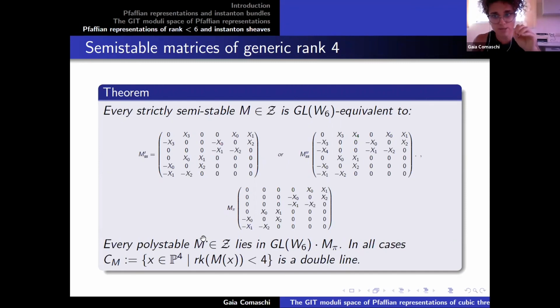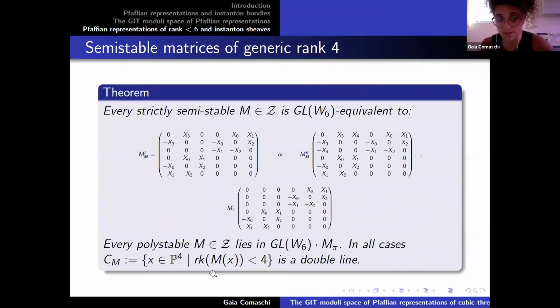The only polystable ones are those that come from determinantal representations, so they are just the matrices that have this block structure: the determinantal part, and then the two 0 blocks.